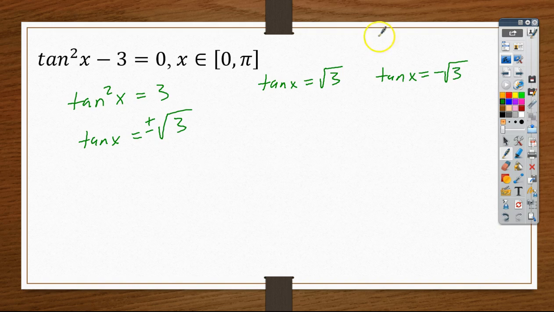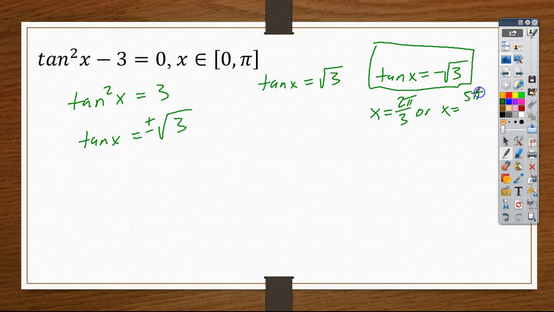Well, shoot, this problem right here, we just got done solving that one. We found out that that happens when x is equal to 2 pi over 3, or x is equal to 5 pi over 3. And what about for the positive one?